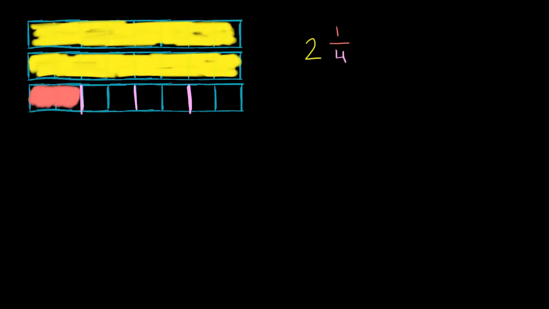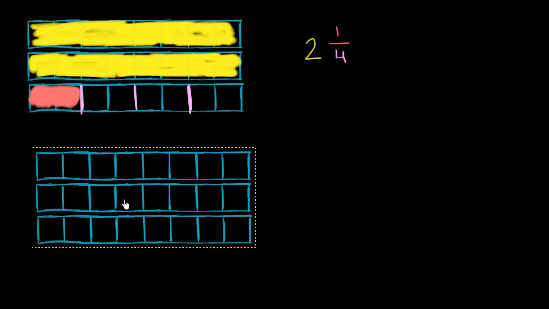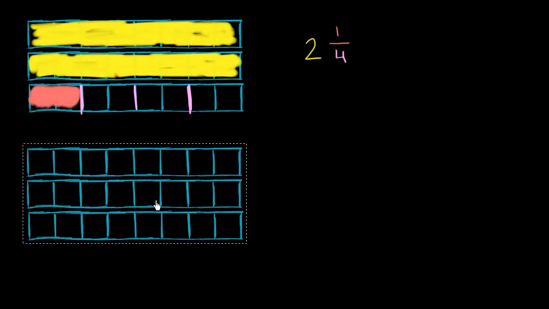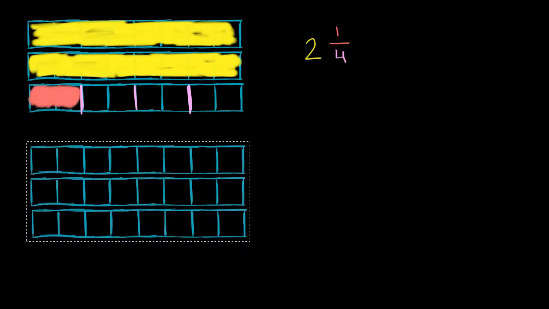Let's see how we can decompose this. So let's get our grids back. How else could we do it? I'm just going to throw a bunch of fractions up there and see what I get. The first thing I'm going to throw out is 1/2. How would I represent 1/2 here?